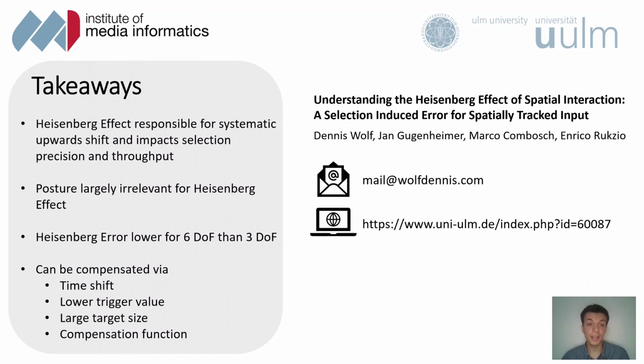And that the Heisenberg effect can be compensated by different strategies, for example, a time shift, so going back to another selection position, using a lower trigger value, using larger target sizes, or just use a compensation function, which can happen in software.